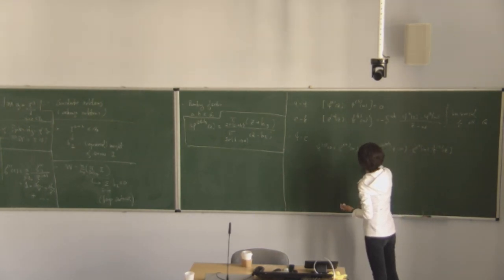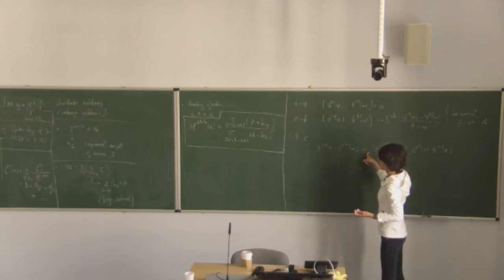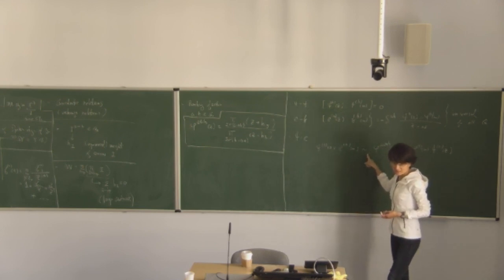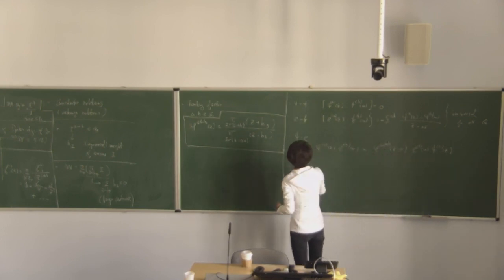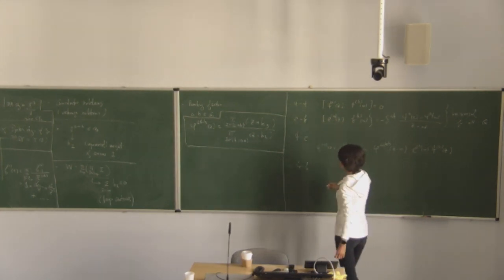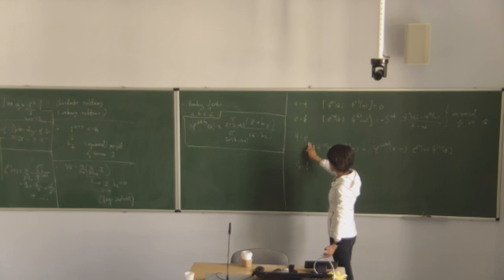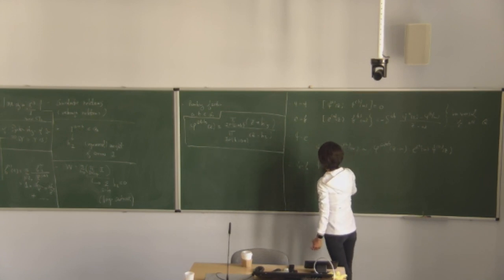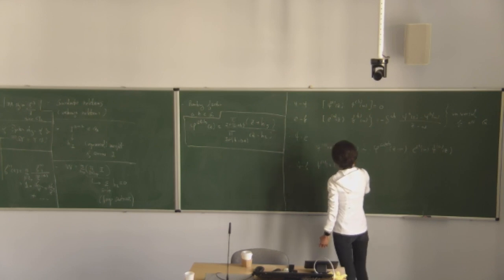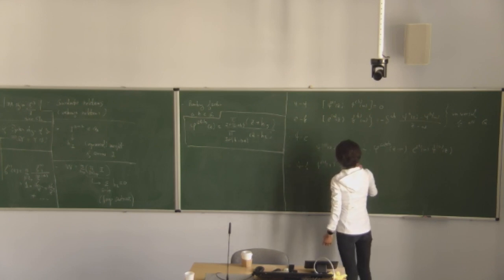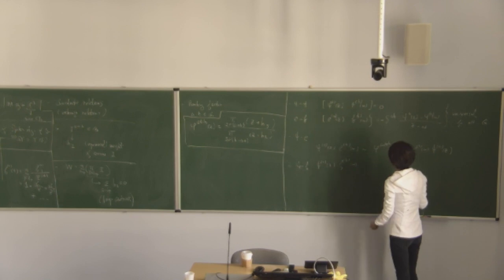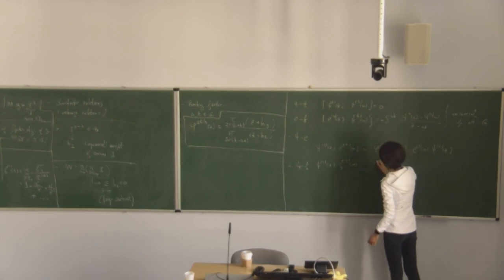Let me just write down the tilde sign, and I'll explain exactly what it means later. And then the Cartan and F relation. This is the relation between the Cartan and the raising operator. Now for the Cartan and the lowering operator, the only difference is that in this factor, it will be the inverse of this factor.